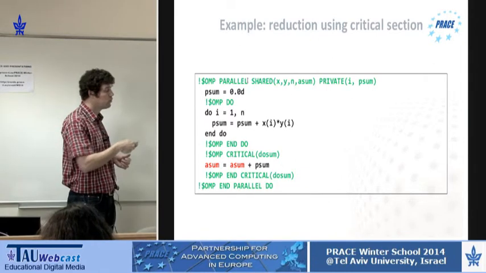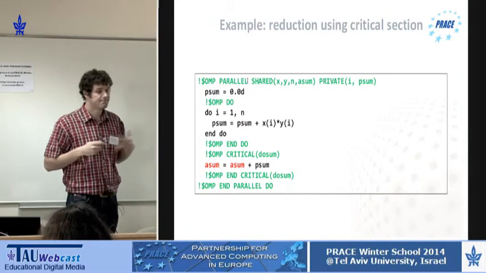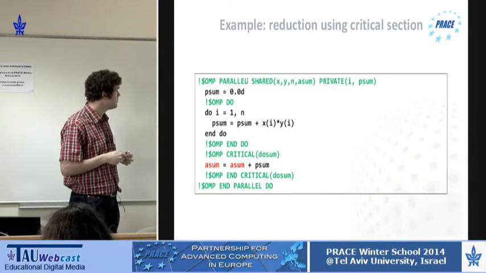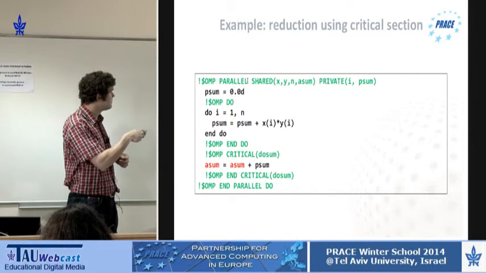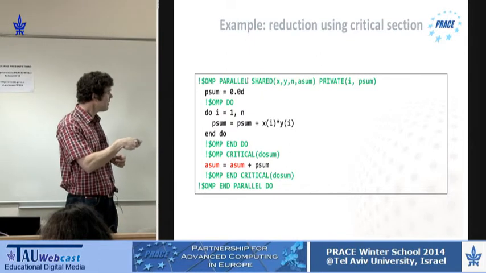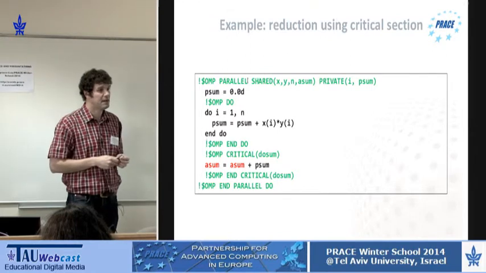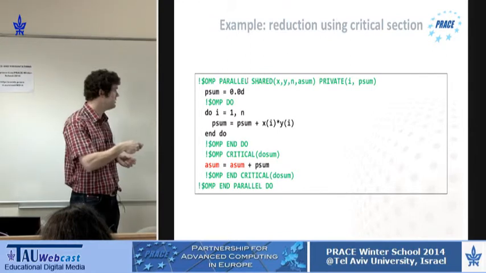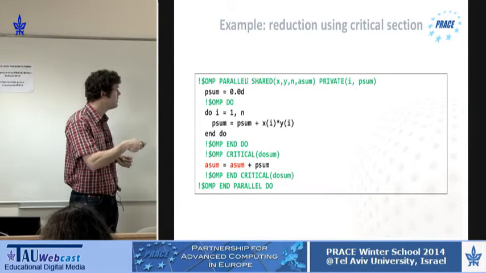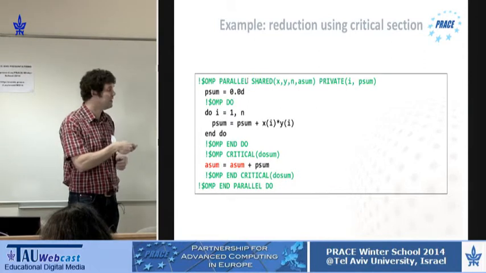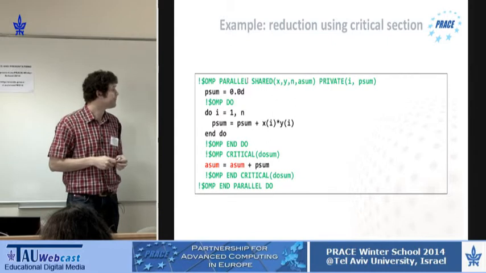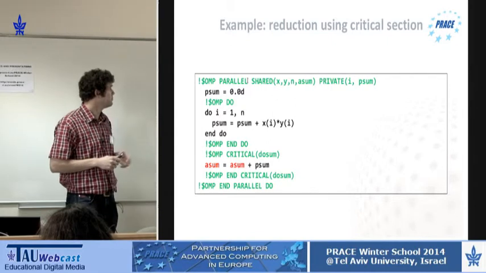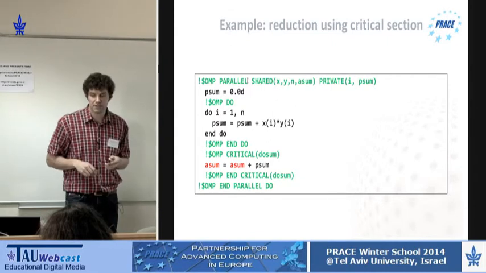They will be updating only their own private variables. And at the end of this do loop here, we have a critical section where the global sum will be updated by all the threads. So this will now be executed only one thread at a time, so there won't be any race condition, and the sum at the end of this parallel region will contain the correct result.